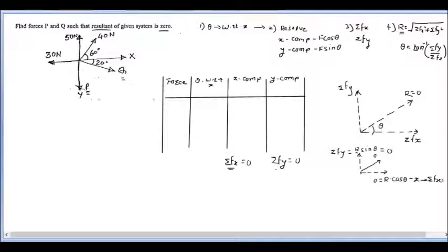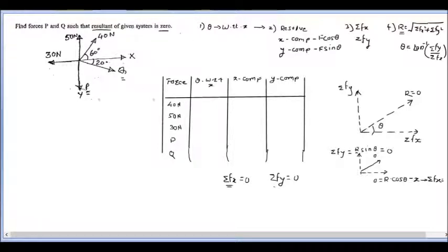As usual, all forces: that is 40 Newton force, then 50 Newton force, then 30 Newton force, then P, which we don't know but still we can list out this force, then Q.